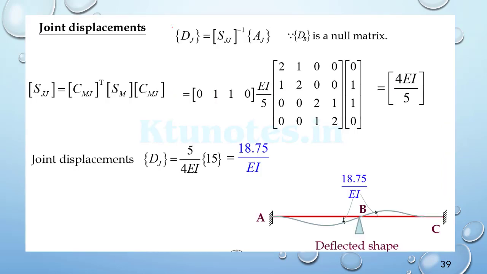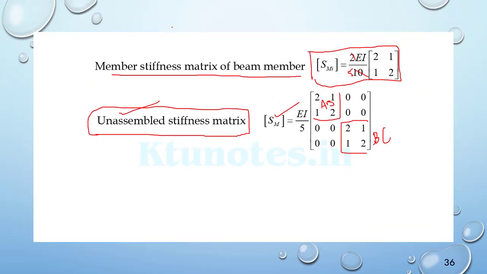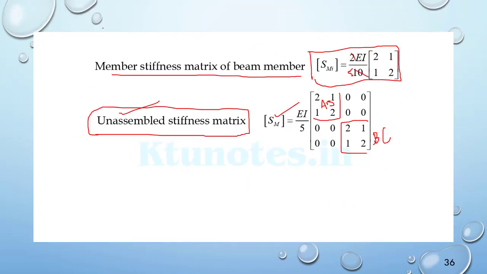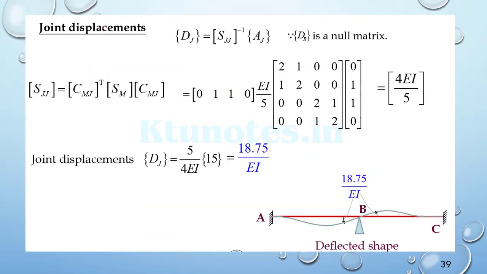Then we have to use the set of equations which we have discussed in the previous slide. These important formulas are there. We want to remember these formulas, relate them, and then solve for the joint displacement, support reaction, as well as the member end actions. So we know the equation DJ is equal to SJJ inverse into AJ.